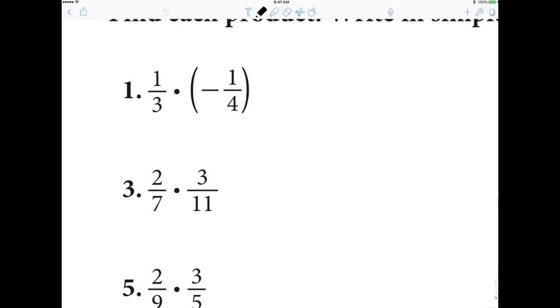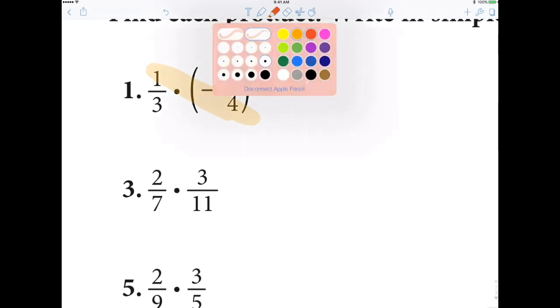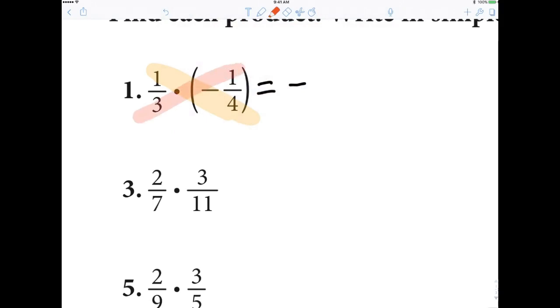All right, here we go. So listen, on this real quick, I have 1/3 times negative 1/4. First of all, positive times a negative is a negative. So our answer is going to be negative. Now please just watch up here real quick. Look what I'm doing. Can I reduce the 1 and the 4? No. Remember, we cross reduce. Can I reduce the 1 and the 3?